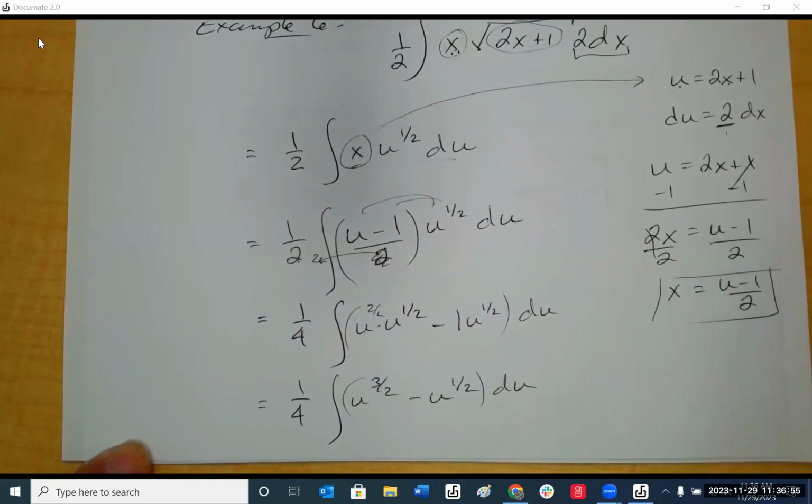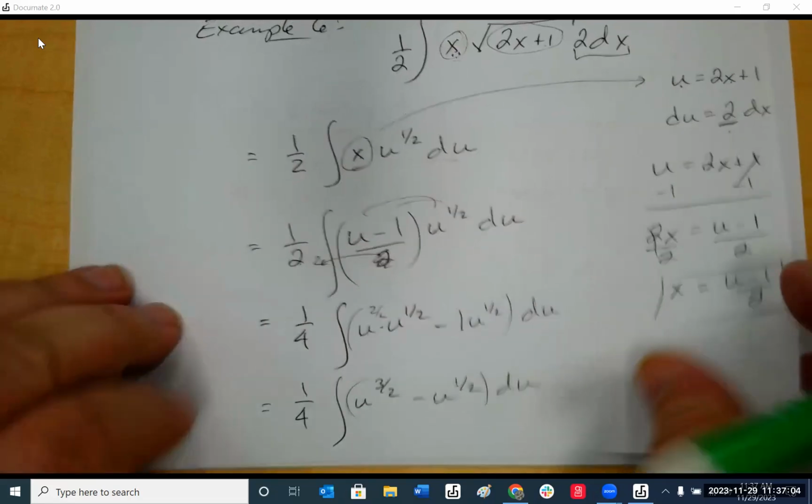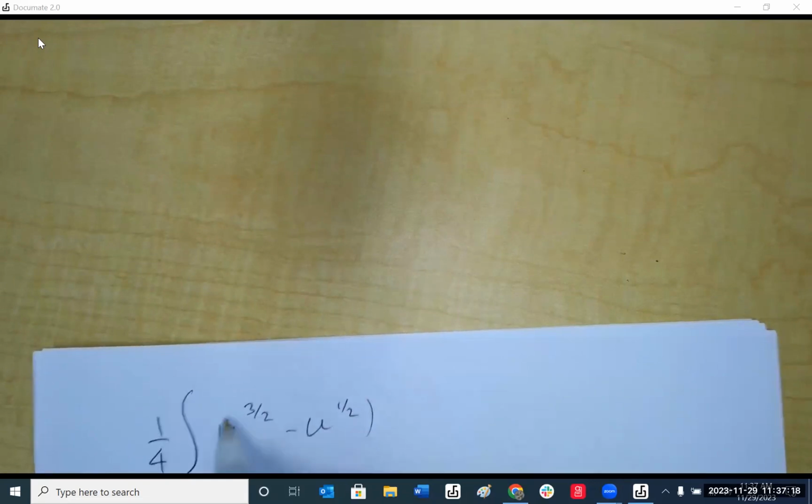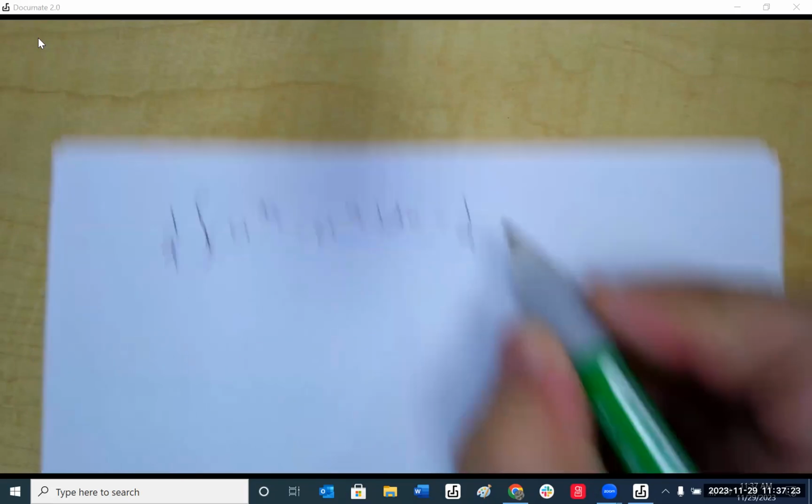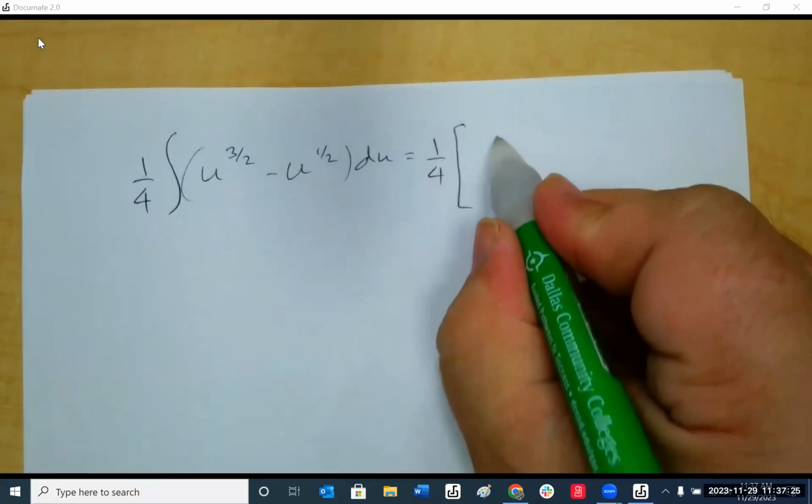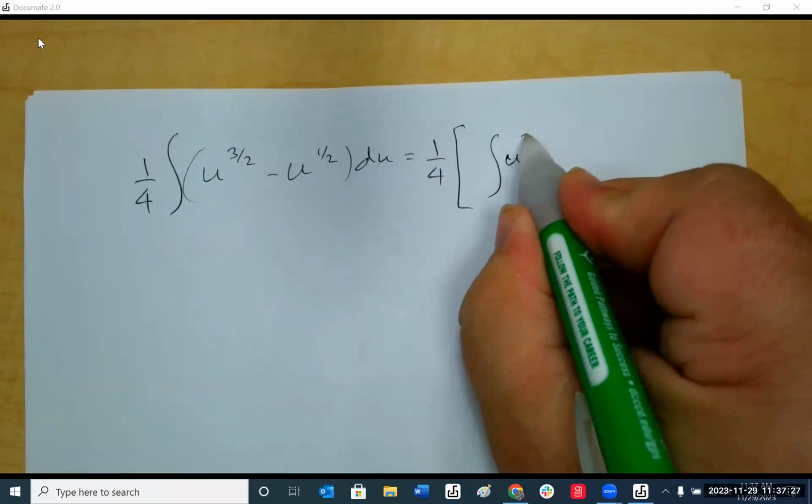So what do we do now? Ready to integrate. What we had on the bottom was 1/4 times u to the 3/2 minus u to the 1/2 du. We could split those two up.